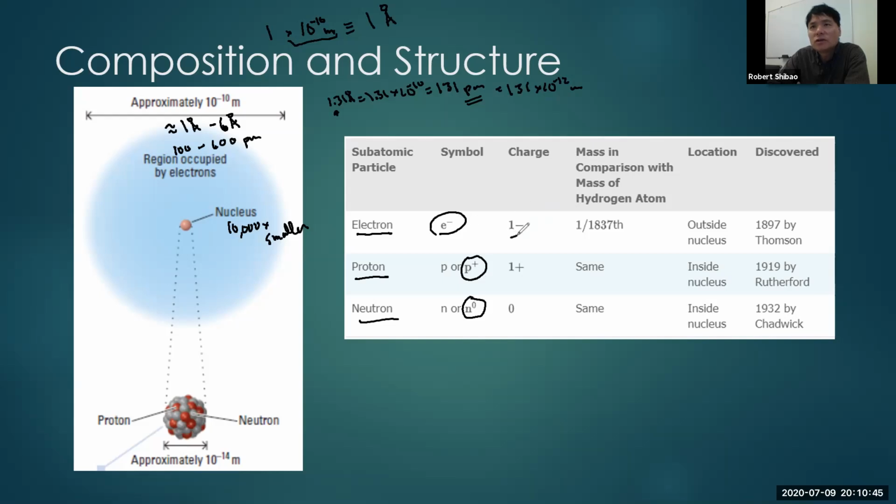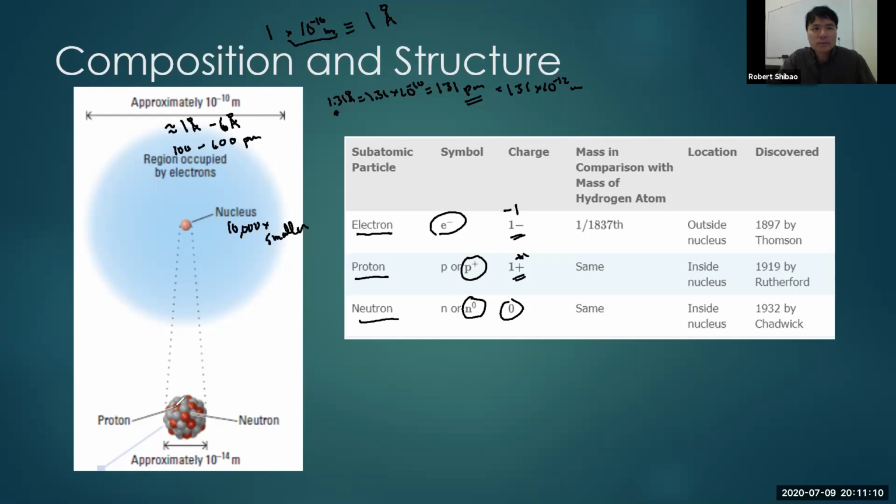Electrons have a negative charge, or 1 minus charge, or -1 charge. Protons are +1 charge. Sometimes they write the magnitude and then the charge after. Sometimes we write the charge and then the magnitude after. It depends. There's a rule regarding this, and I'll talk about that later. And the neutrons are zero charged, so they're neutral.